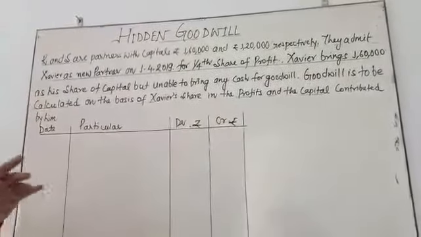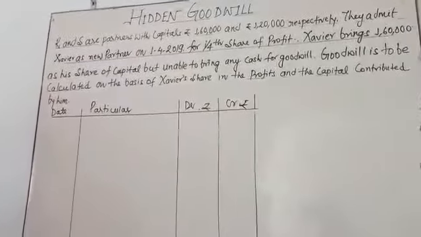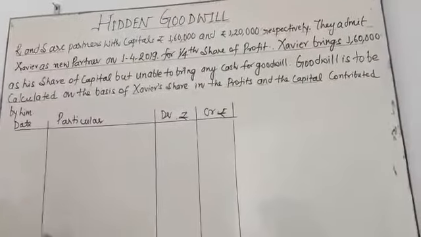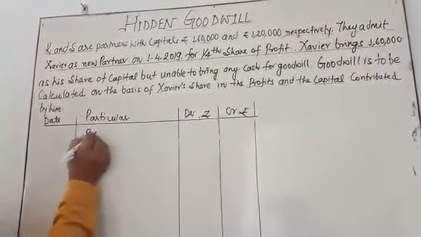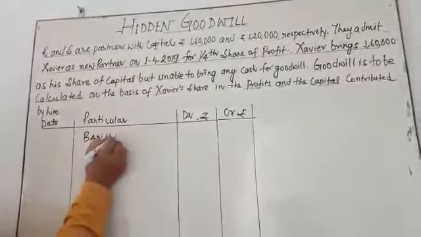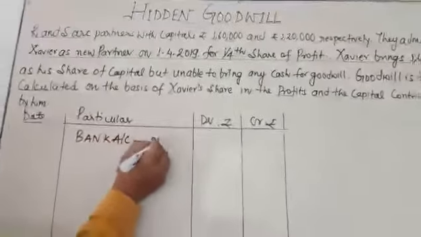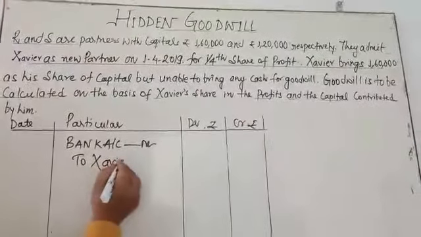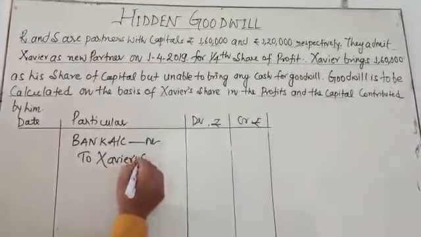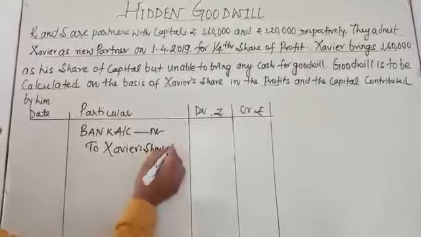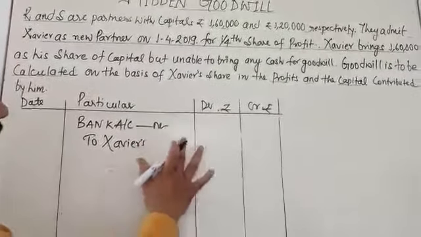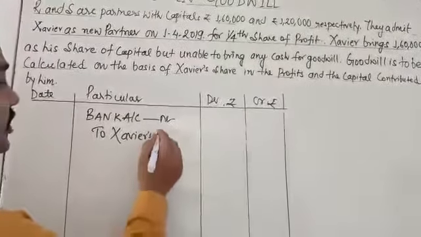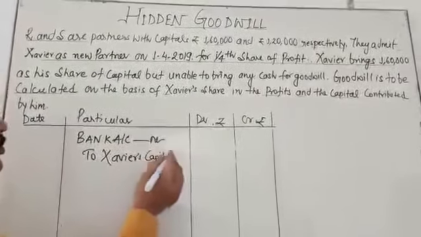The first journal entry is bank account debited. You can also write cash or bank account debited to Javier's capital.